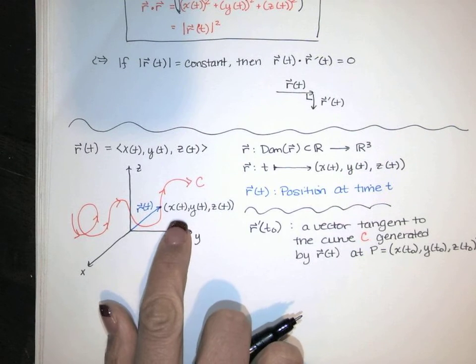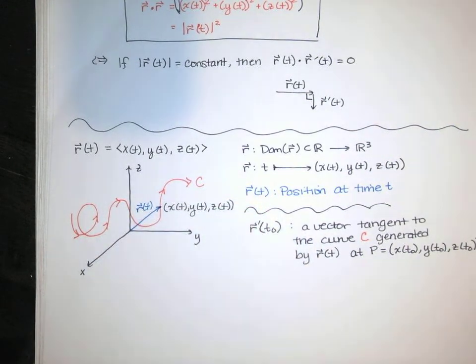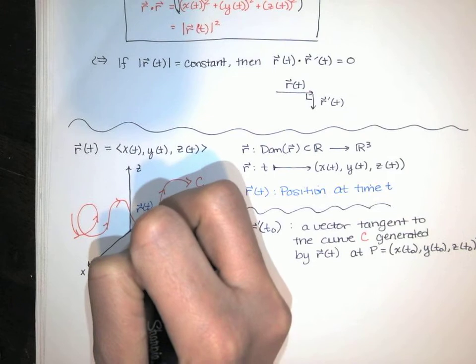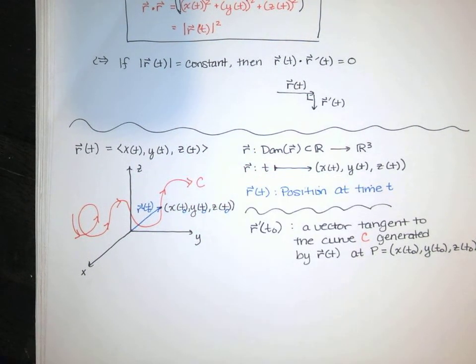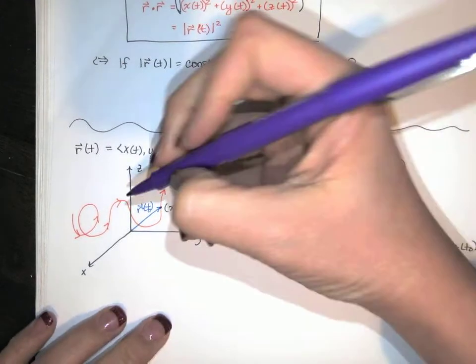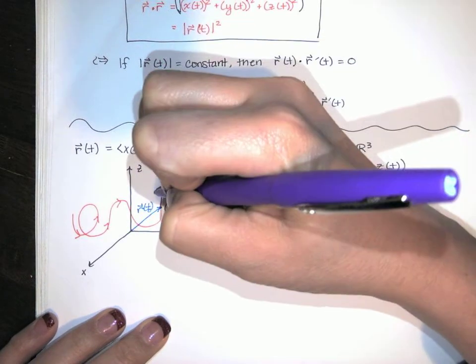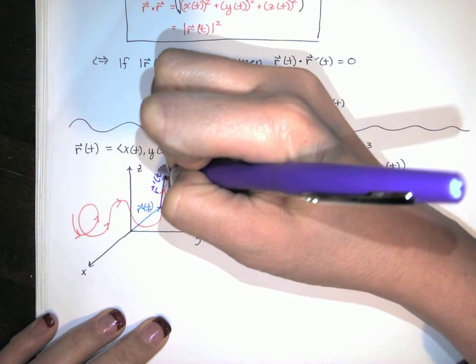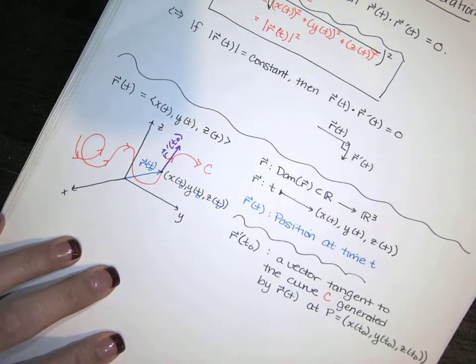So maybe instead of just thinking of this as r of t mapping to a point x of t, y of t, z of t, maybe we're thinking of a particular time. Then this is x of t naught, y of t naught, z of t naught. At that time, r prime of t naught is going to be tangent to the curve. It looks like I pretty much made it vertical. So there's r prime of t naught. Or it's on its side like that, so you can read it like that.